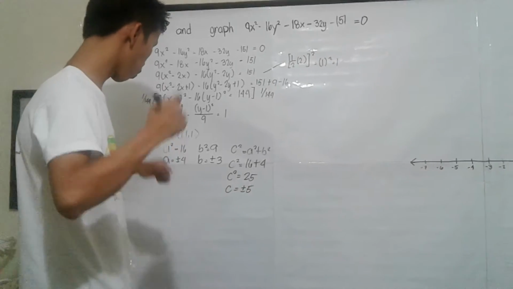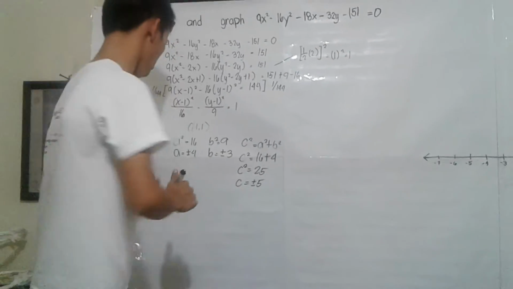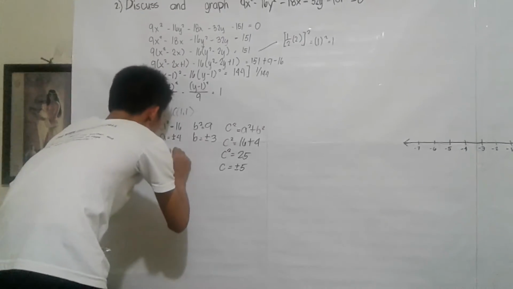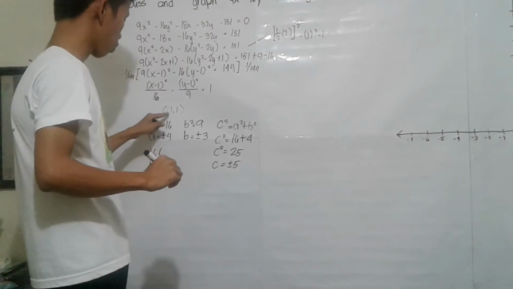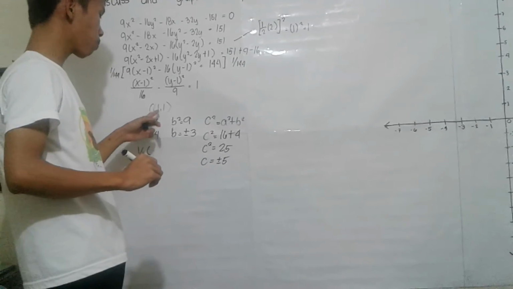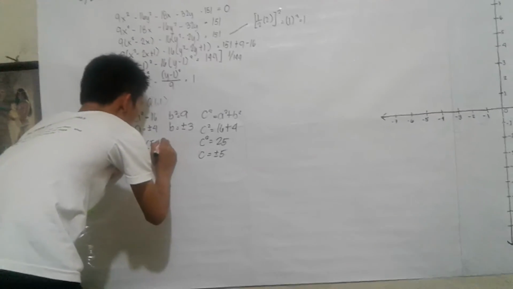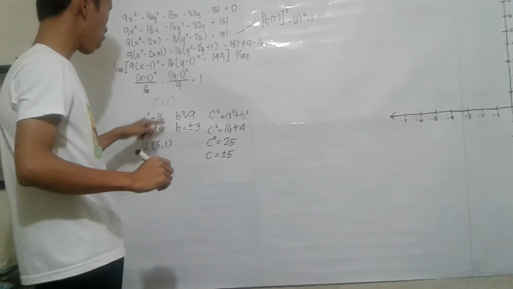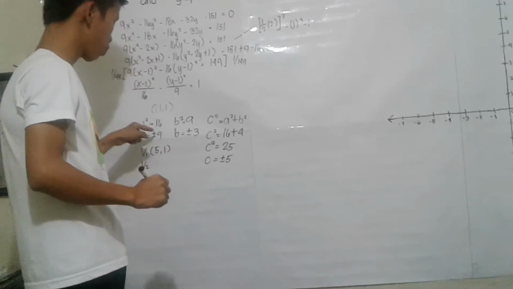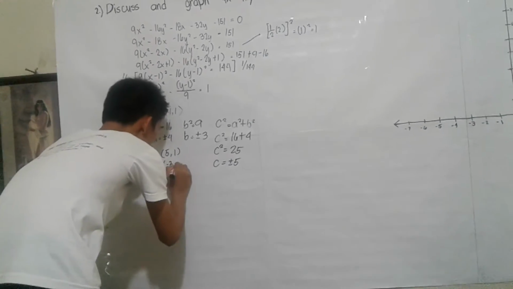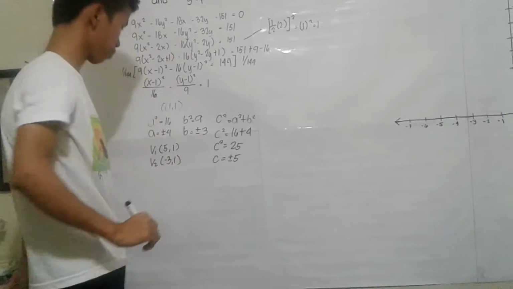y-axis. So first, our vertices. So vertex 1 and vertex 2. So 1 plus 4 is 5, and copy 1. So 1 minus 4 is negative 3, 1.